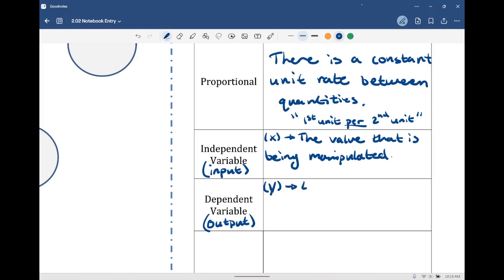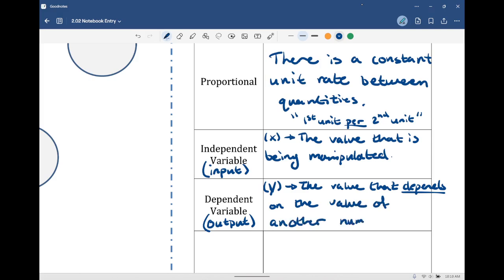And specifically, this is the value that depends, a little bit out of the box, on the value of another number. The value that depends on the value of another number. We had said, I can't find y unless I know what x is. Y literally depends on whatever x is.